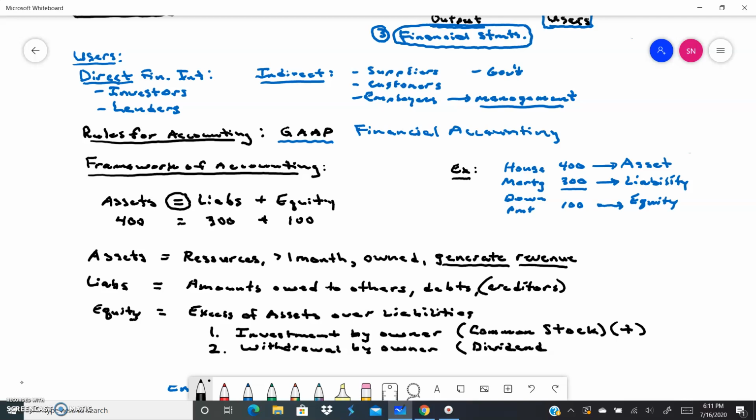So if I own a share of stock and I receive a dividend, that's money that is being withdrawn out of the company and paid to me because I'm an owner of that company. If I'm a stockholder, I'm an owner, and I'm getting repaid some of the earnings of that company in the form of a dividend. So that's a minus. That reduces the equity of the company.